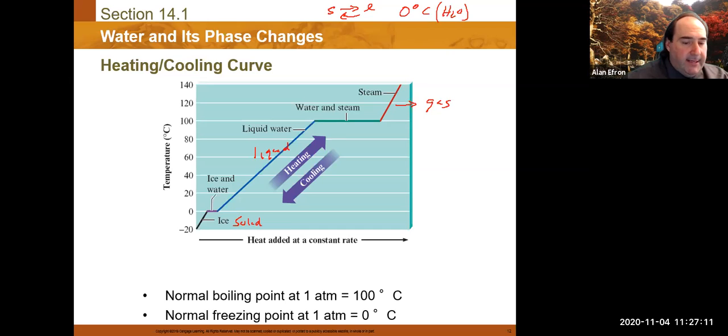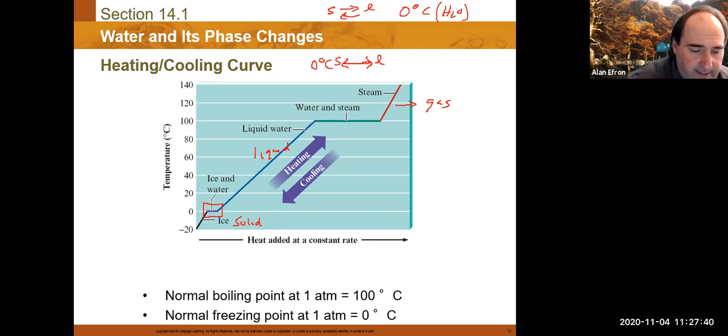And at exactly 0 degrees Celsius, as you can see right here on the chart, it is pretty much plateaued, which means at exactly 0 degrees Celsius you are in equilibrium between the two states. What that means is at exactly 0 degrees Celsius you have some solid and some liquid happening at the same time, kind of like ice crystals.